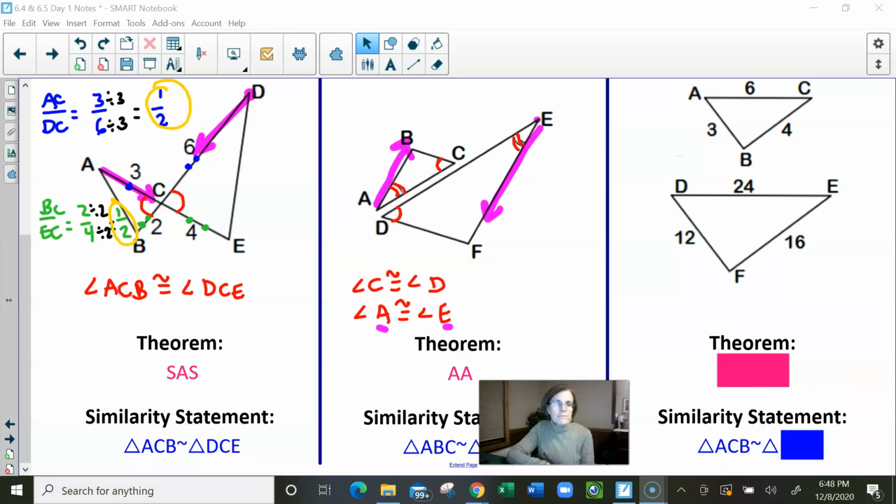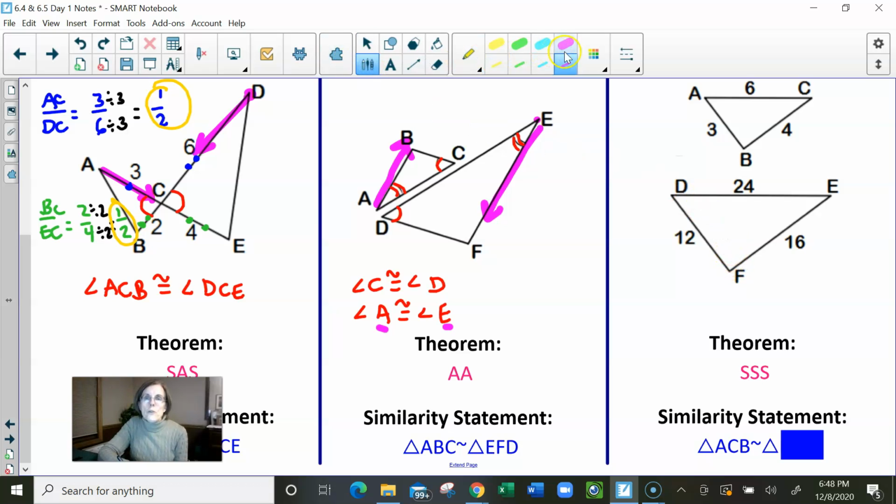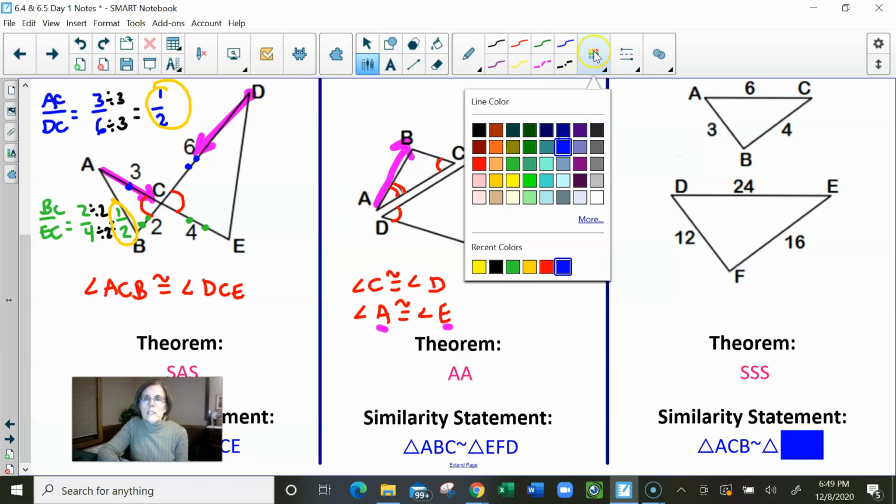Last example. What do I notice here? I've got lots of sides marked. I've got all of the sides marked. So I know that I can use side, side, side as long as my sides are all proportional. So I do need to show that. So let's do this quickly.